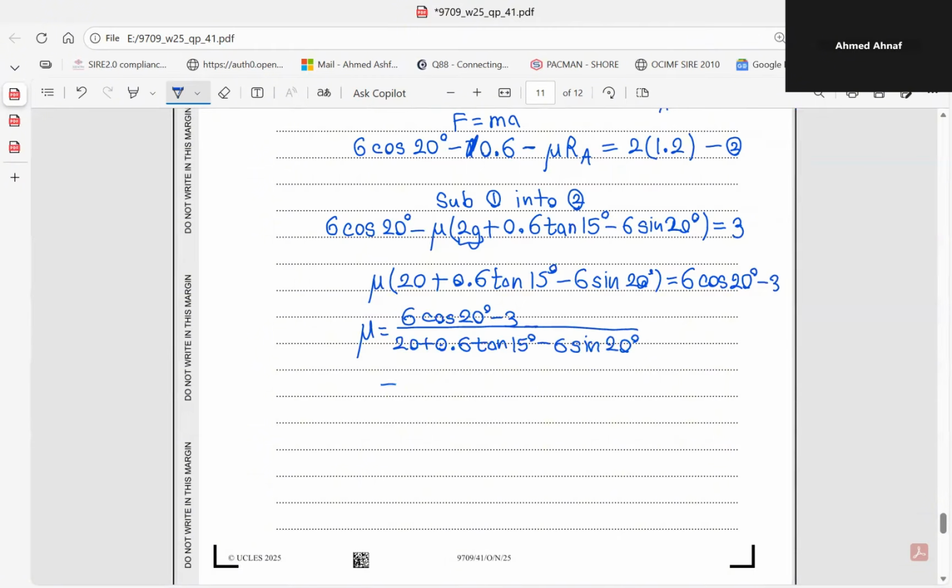Let's substitute into the calculator and type it directly in. We get 0.146 as our final answer to 3 significant figures.